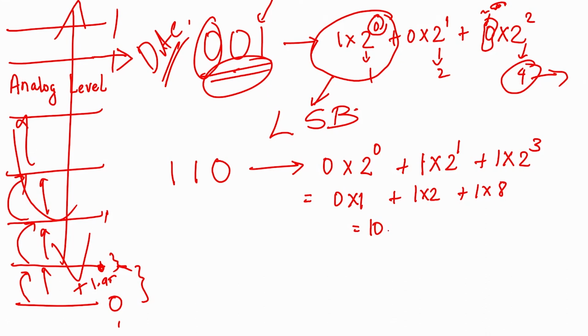That is 10, but 10 into what is your analog interval value, that is 1.98, okay. Not 1.98, sorry. So what did we get here? So 2 raised to 3.